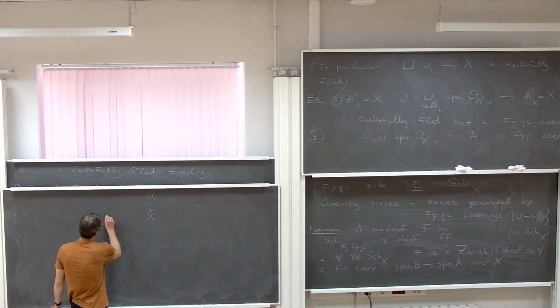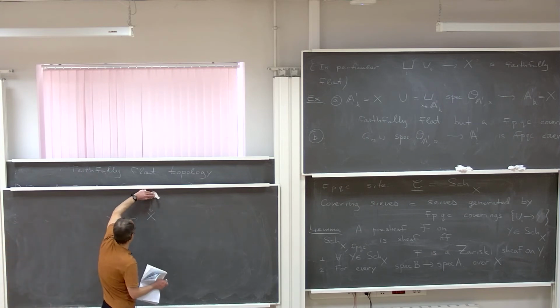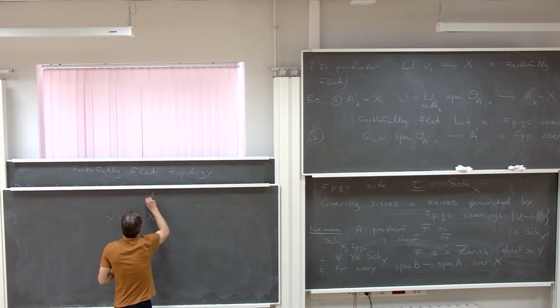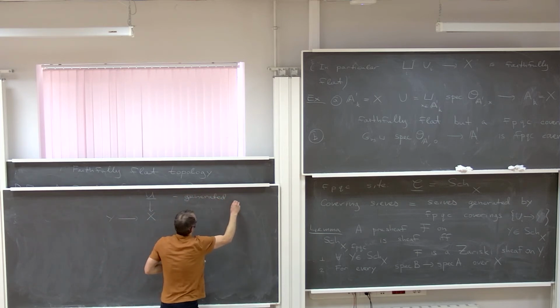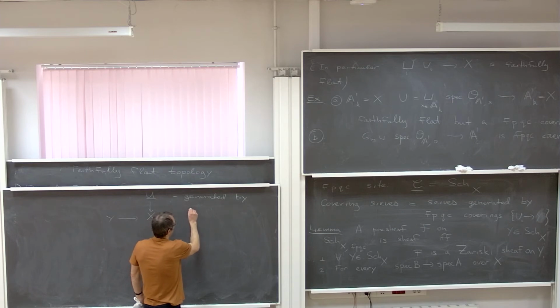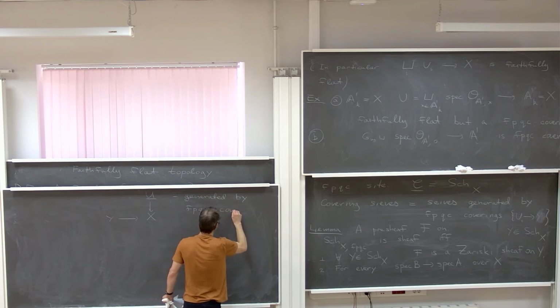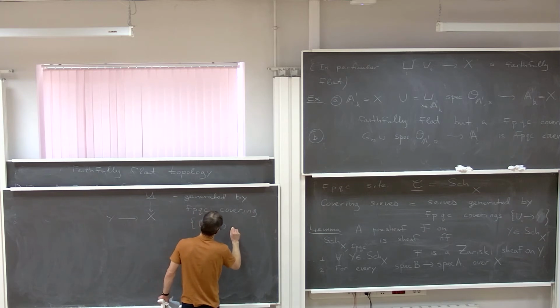And suppose I have any map from Y to X. Let's discuss it. Suppose this is generated by an fpqc covering U_i to X.